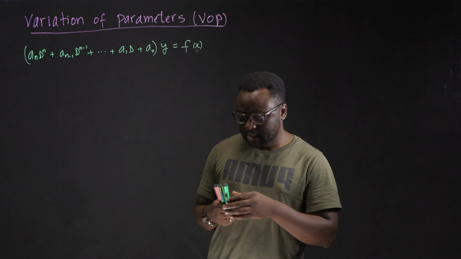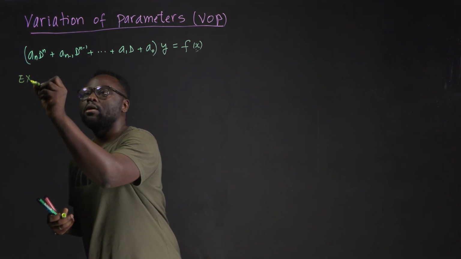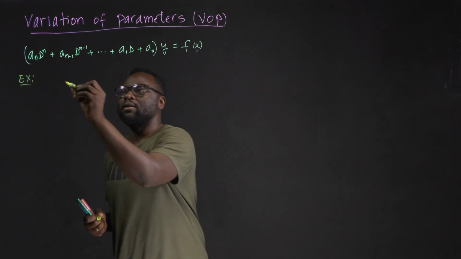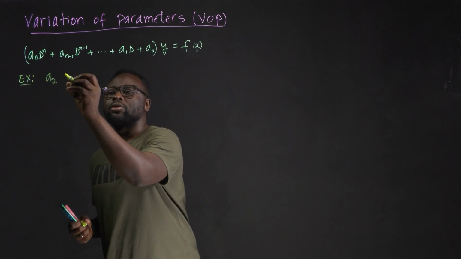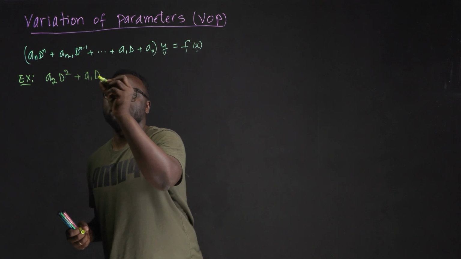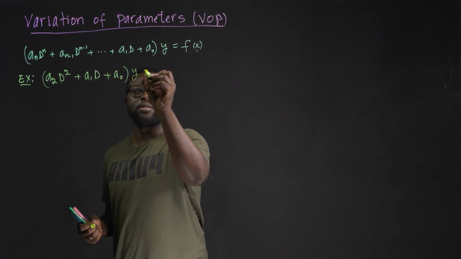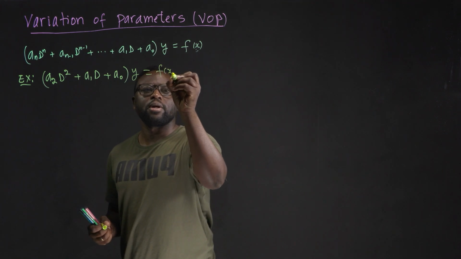So let's consider this equation. This is the general form. At second order, we have a2 times d2 plus a1 times d plus a0, all this multiplied by y is equal to the function f(x).